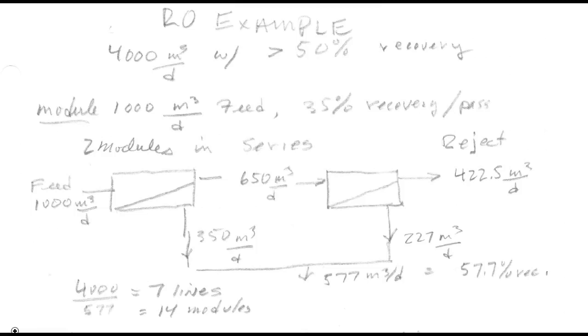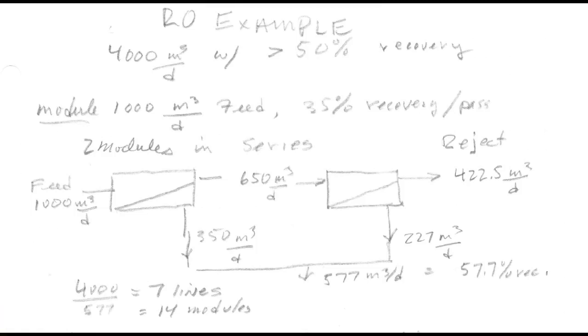And in this case, we would need 7 lines with 2 modules in each line for a total of 14 modules. Obviously, we're not utilizing the second module to its capacity.